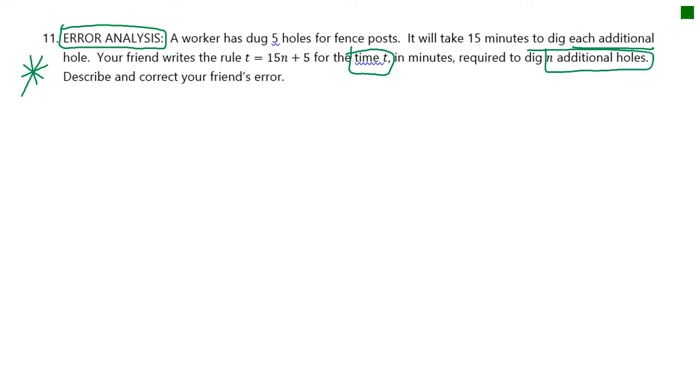Describe and correct your friend's error. All right, so they give us our equation T = 15N + 5. N means the additional holes and T means the time.